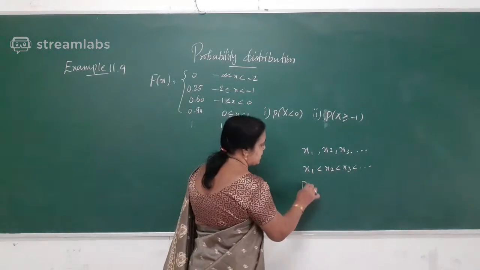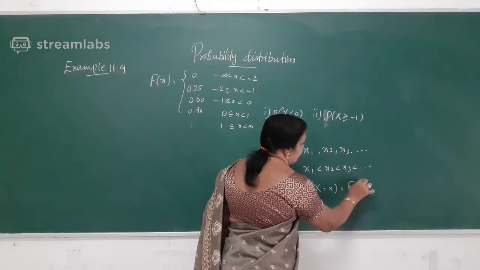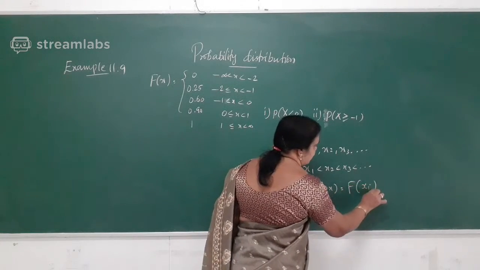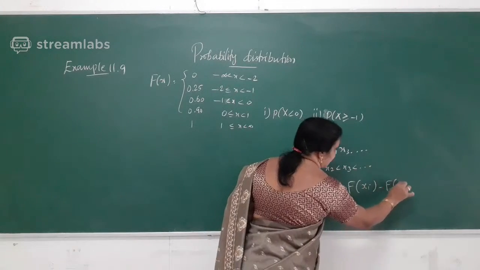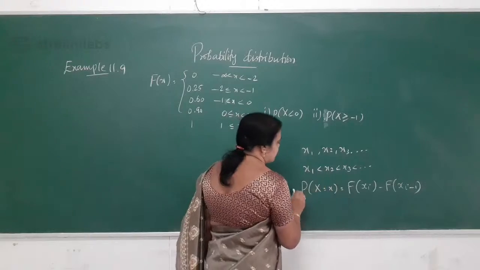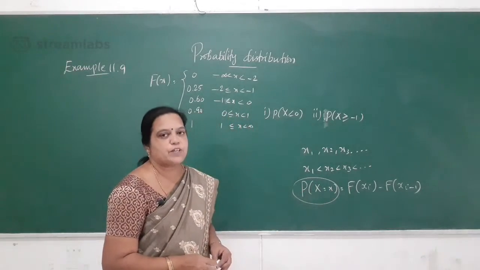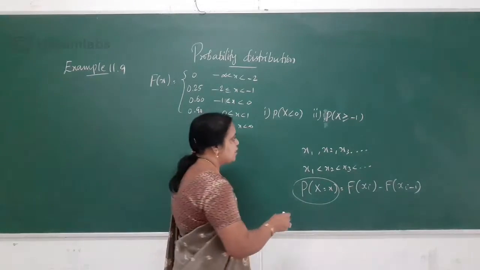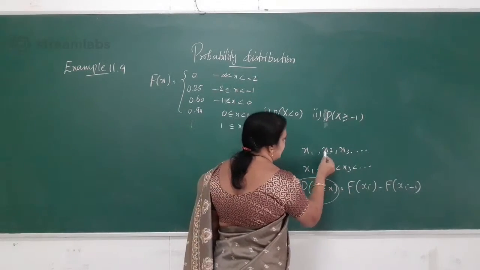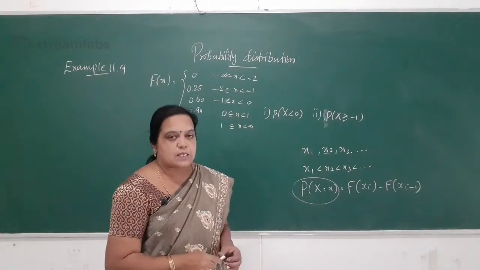The formula is P of X equal to xi is equal to F of xi minus F of xi minus 1. If you have to find the probability mass function from the cumulative distribution function, we have to subtract the first function from the second function.